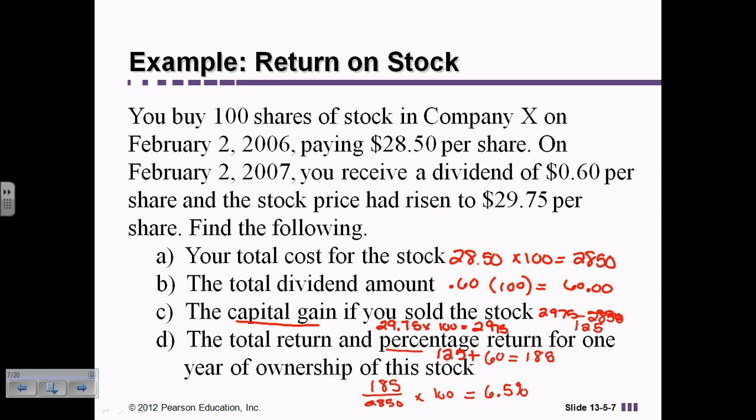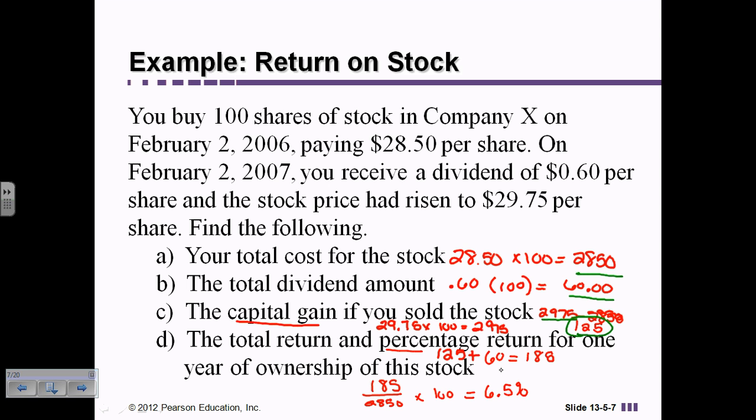Okay, so let's look at it again. I spent $2,850 on the stock in 2006. In 2007, I got a $60 dividend. So I hadn't sold it yet, but I got $60 back. The stock is now worth $2,975, which means I made $125 if I were to sell it today.